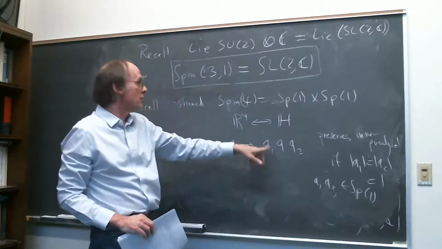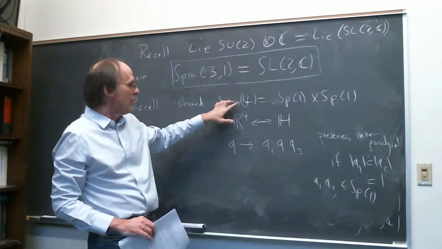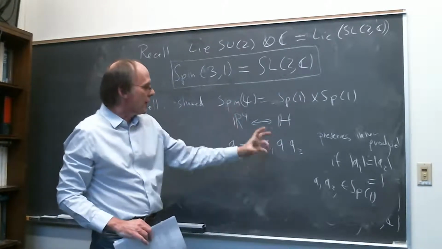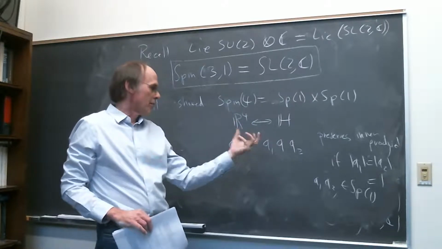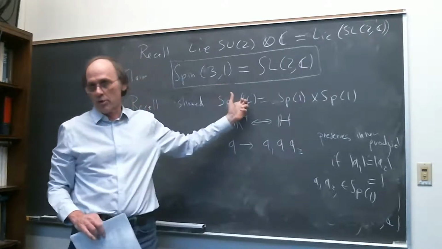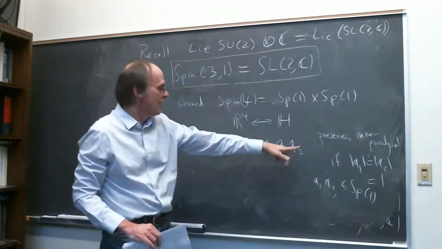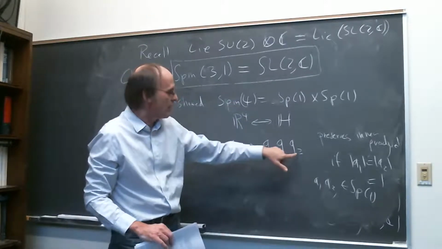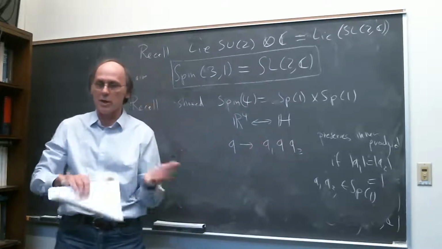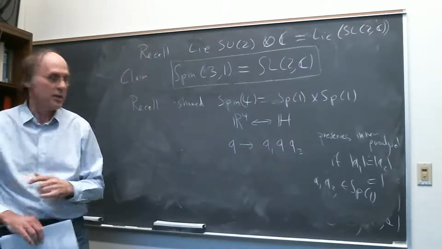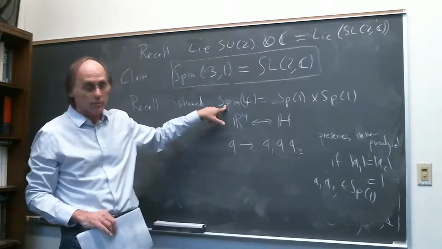You use that to get a rotation, something that preserves the four-dimensional notion of distance, and you ended up with Spin(4) because if you put in a minus sign on both of them, you would get the same rotation, but this gives you the double cover.